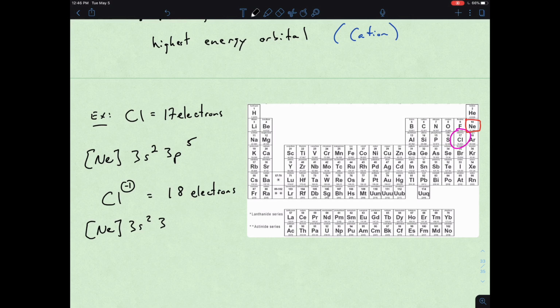So now we go to 3p6. And this just so happens to be the same as argon, for that matter. But because we have the negative charge, we have an extra electron now. And so that extra electron gets put into the highest energy orbital, in this case, that last remaining 3p set.